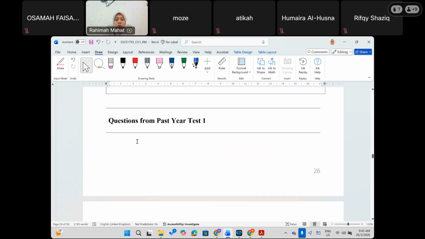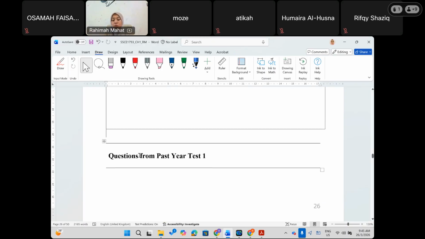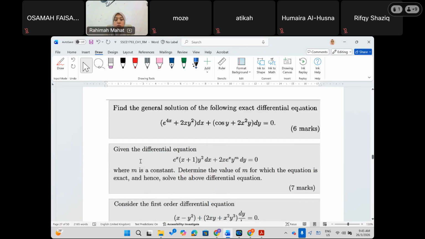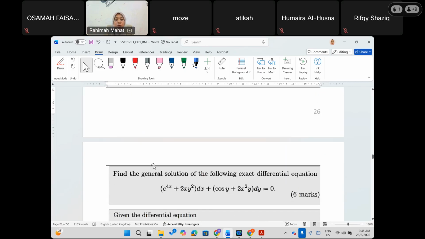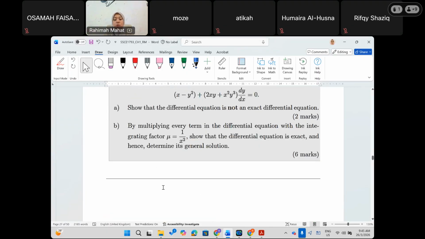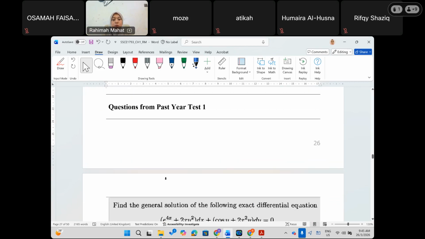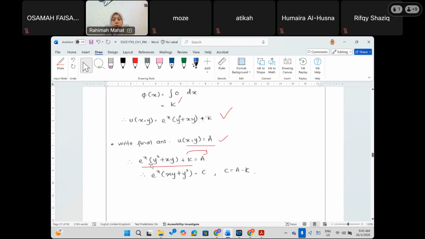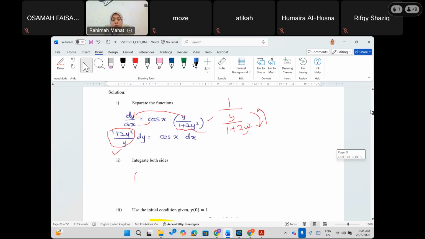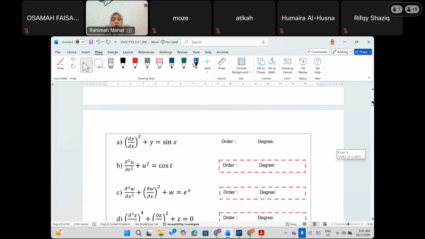So you can try to do the past year question, test 1 here, from the PDF I already gave to you. For the linear equation, we will continue next week, face-to-face class. So we already covered what we covered for today.